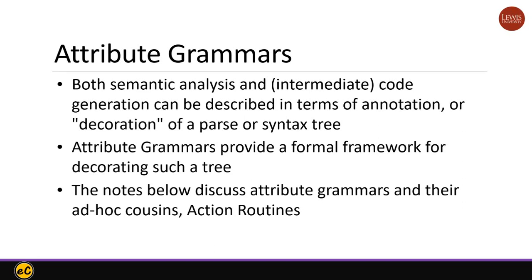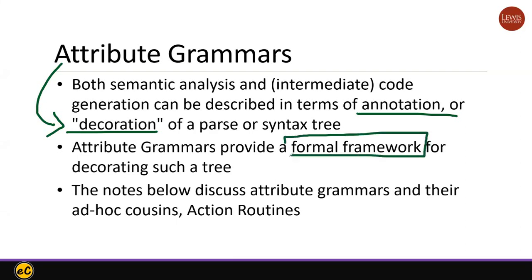Semantic analysis and intermediate code generation can be described in some sort of annotation or declaration. This declaration we call attribute grammar. Attribute grammar provides a formal framework for the declaration of such a tree.